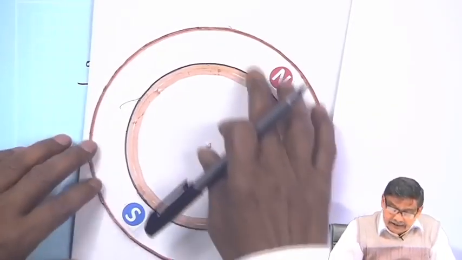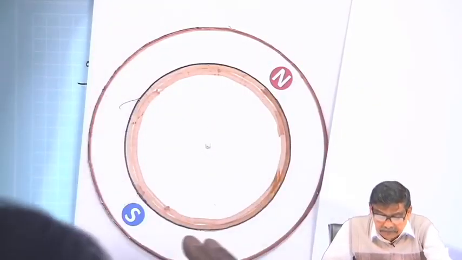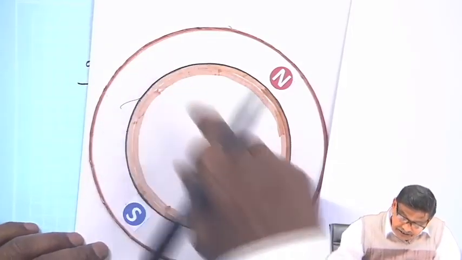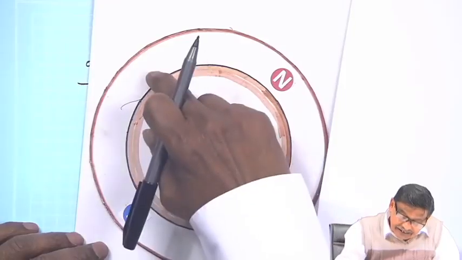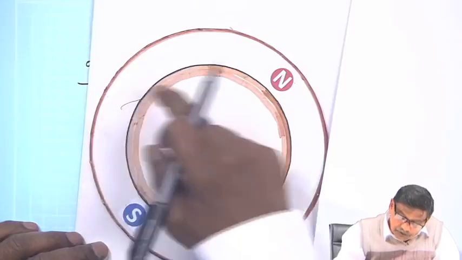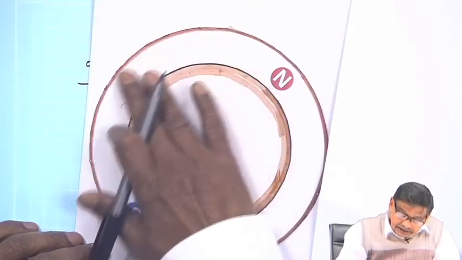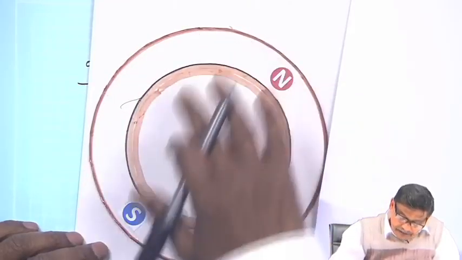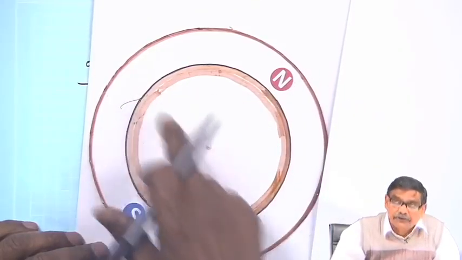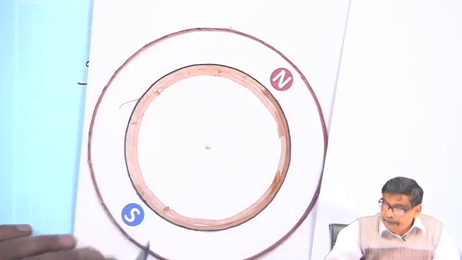It is a stator iron. For clarity, I have not drawn the coils. There will be slots on this side and that side, and I will pass some current, and half of this will become south pole, half of this north pole. That is understood. This is the stator iron, and this S and N has been created by stator conductors, which I have not drawn here, and they carry current and there will be field here.